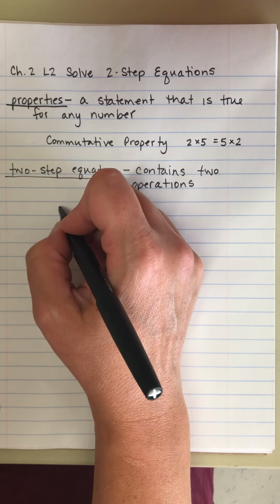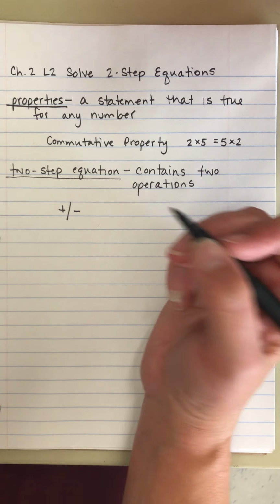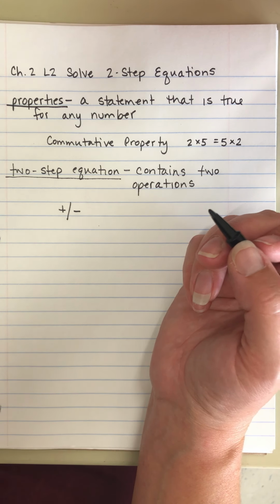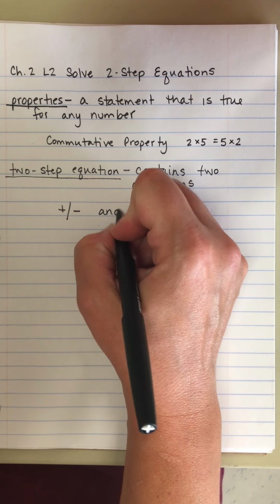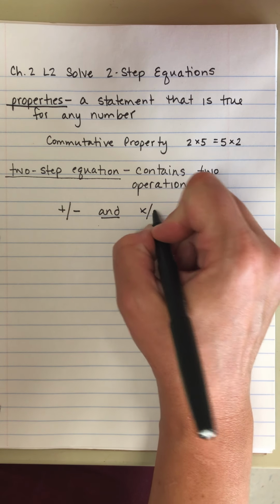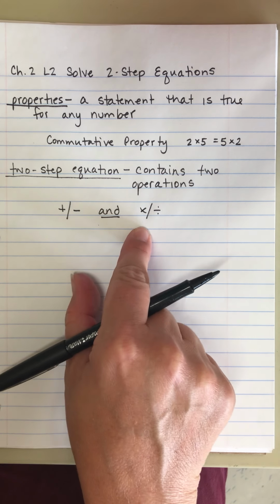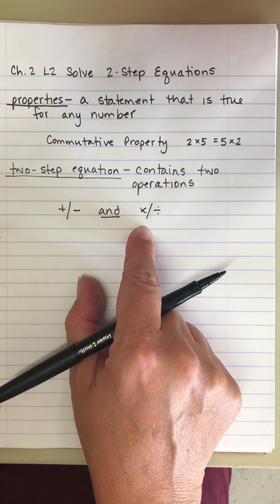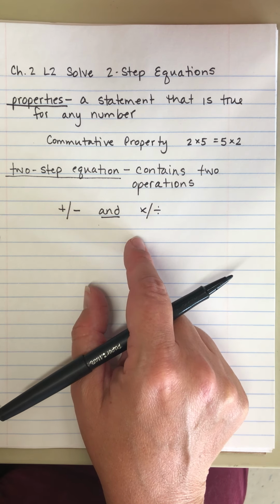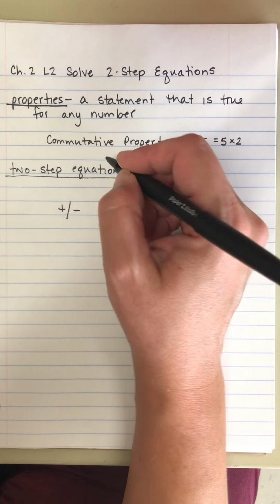And those 2 operations will be subtraction or addition and multiplication or division. Okay, so it's going to be one of these, it's going to be one of these. And remember that we want to use opposite operations when we're solving these equations.